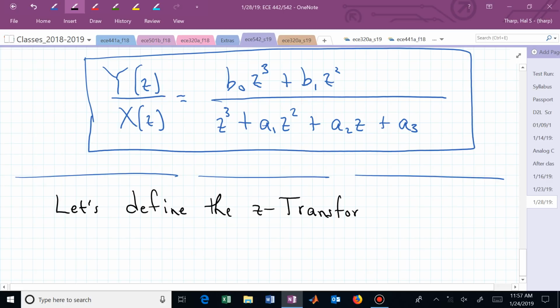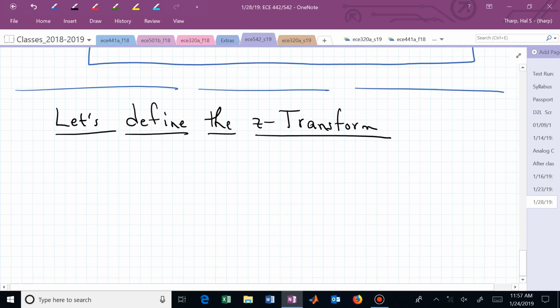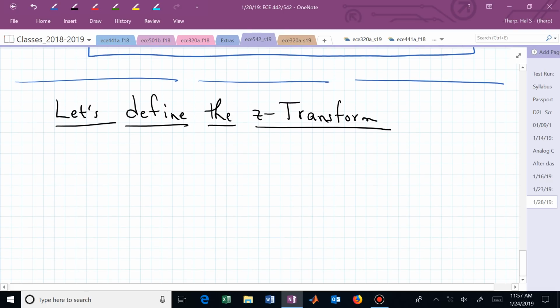And then we'll have a lot of tools available to us, because now we'll have the z transform just like we have the Laplace transform for continuous time systems. And since that's the case, I'm hoping that you remember the Laplace transform. That's where we're starting from in terms of knowledge base.